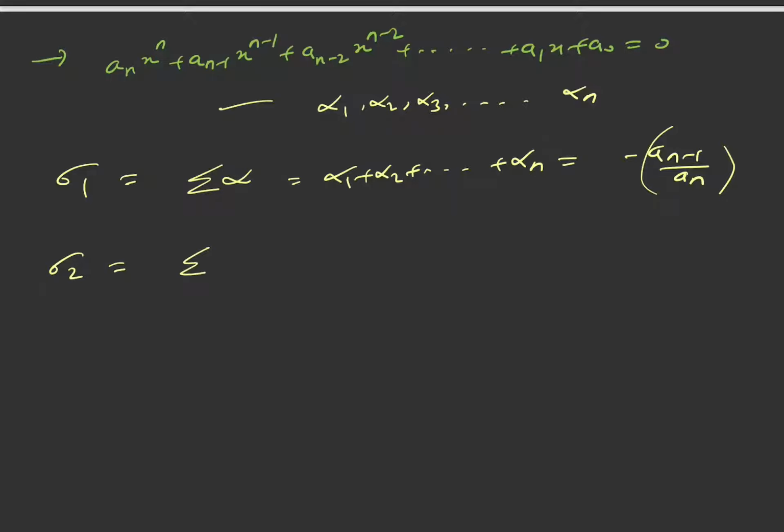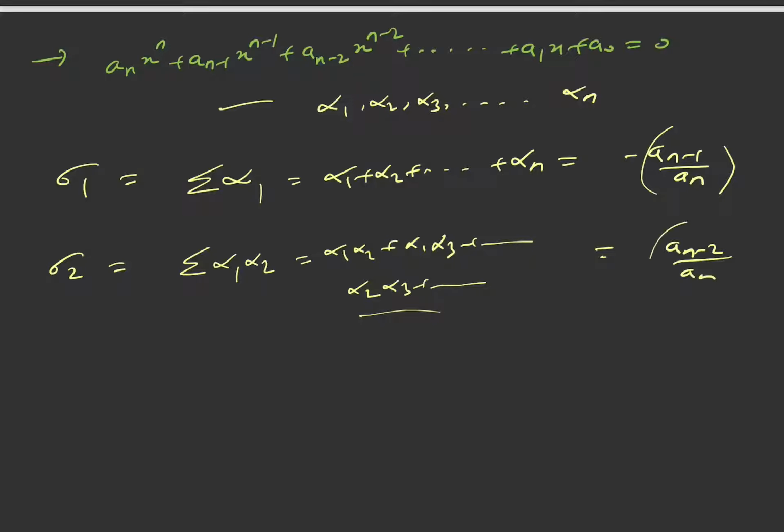Next, sigma 2, this is sum of roots taken 2 at a time. So you can denote it by sigma alpha 1 alpha 2. So this is alpha 1 alpha 2, alpha 1 alpha 3 and so on, then alpha 2 alpha 3 and so on. So all the possible taken 2 at a time. So this will be an minus 2 by an, right? Next sigma 3, sum of roots taken 3 at a time.